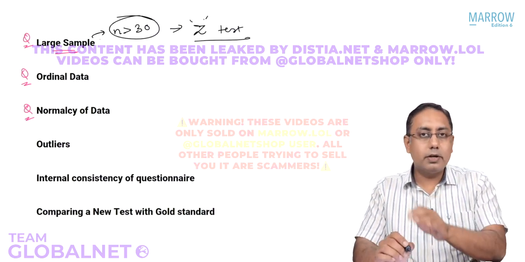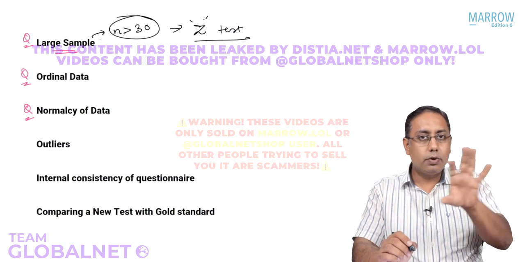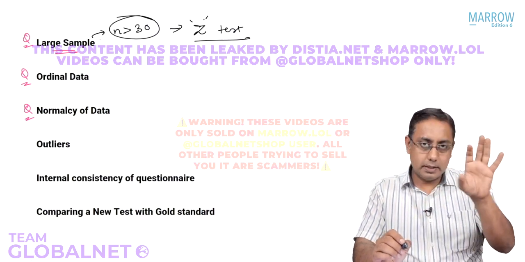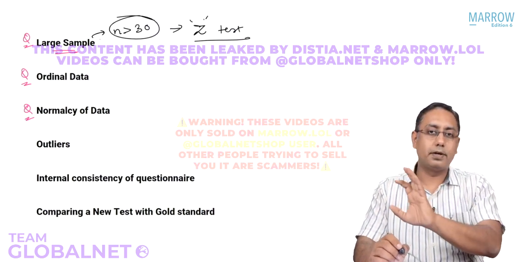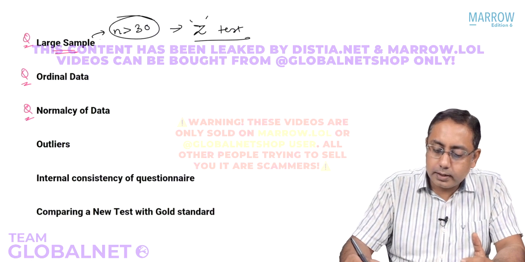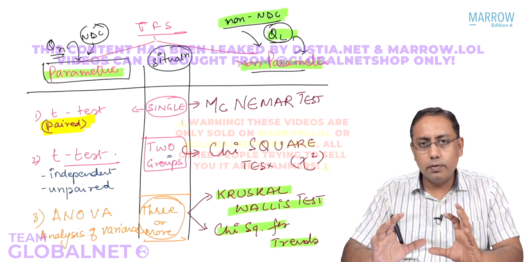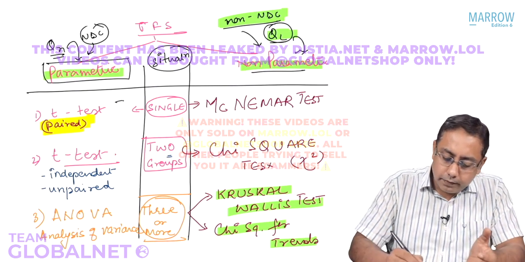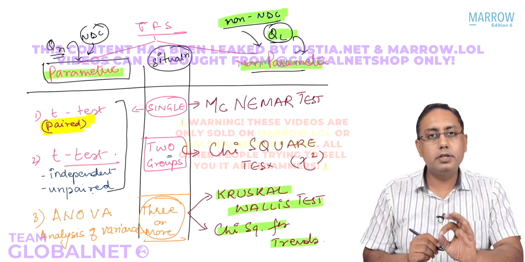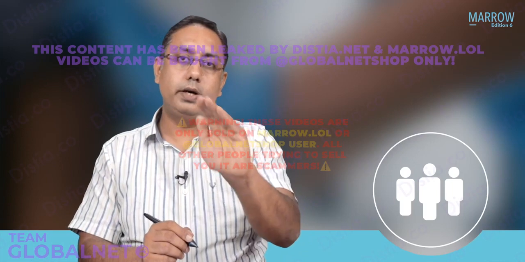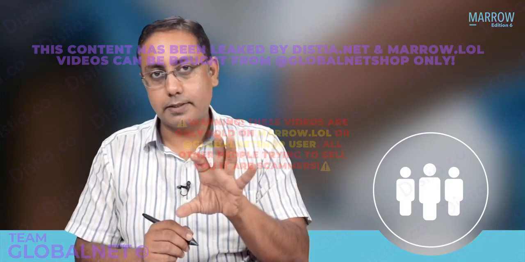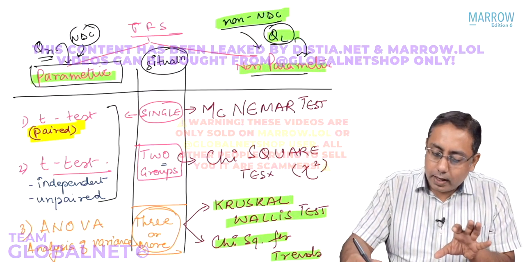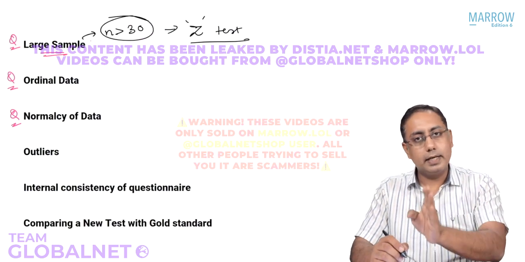This Z is not the standard deviate. The Z score, which is the standard deviate, is different, and the Z test is different. Please try to understand that there could be a slight confusion over here: conventionally, any test for quantitative data we call a t-test, but for a large sample, we call it a Z test.